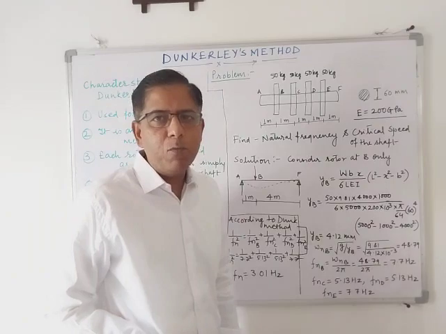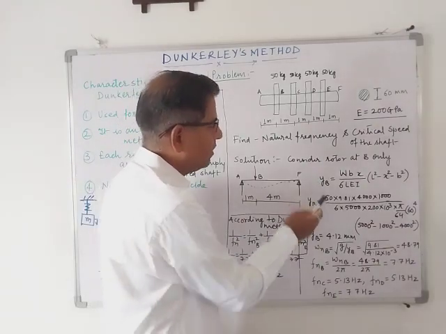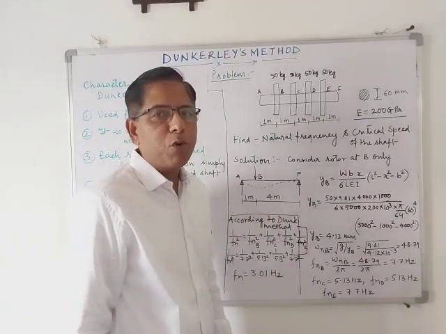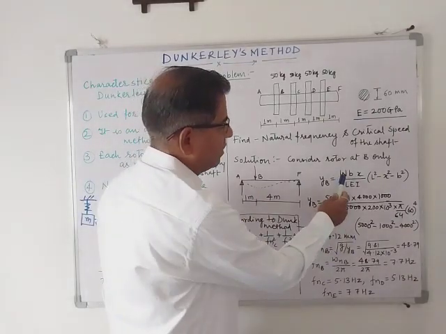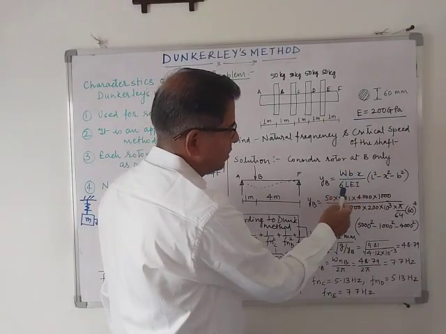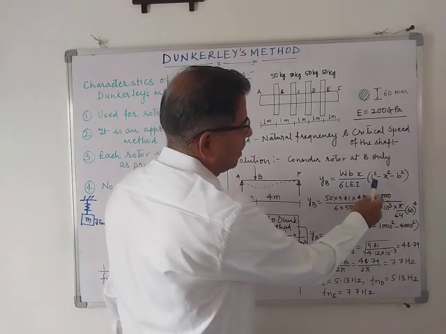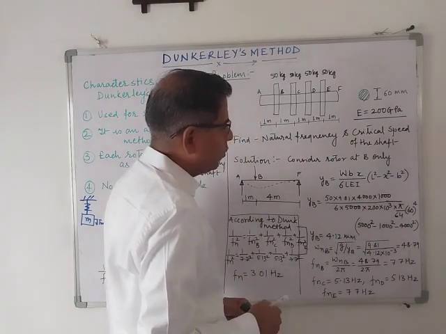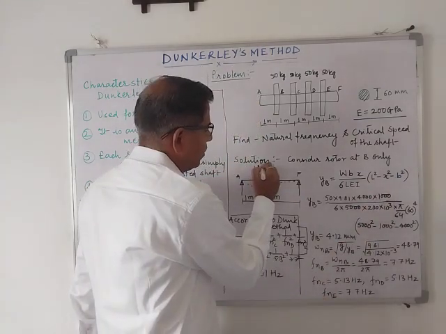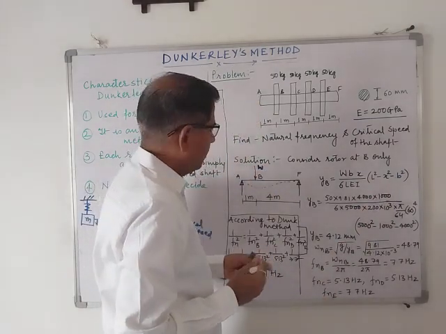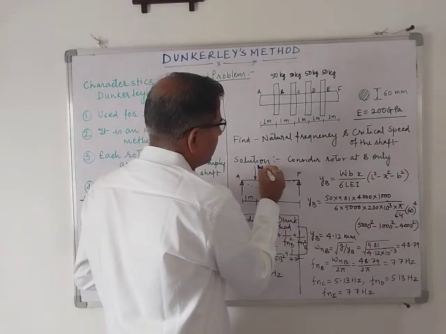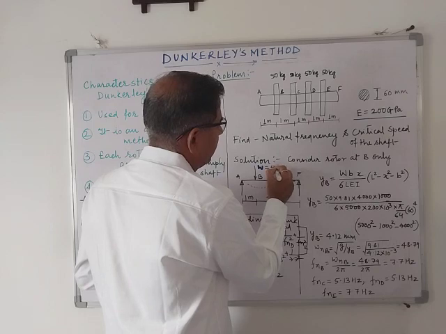According to the design data book, you will find the deflection formula for a simply supported beam with a point load, which is W B X upon 6 L E I into L square minus X square minus B square. Here W stands for the weight acting as a point load.